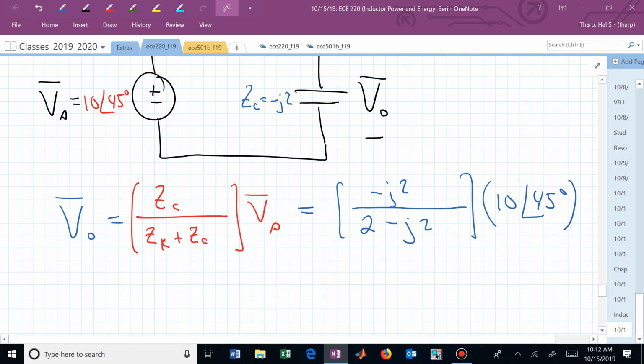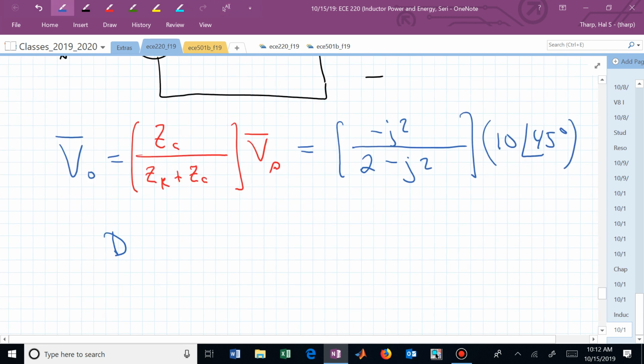So let's get that denominator that's in rectangular form. That's walking over 2 paces and then down 2 paces in the complex plane. Let's convert that to its polar form. If we looked at the denominator, that's now 2 minus J2.